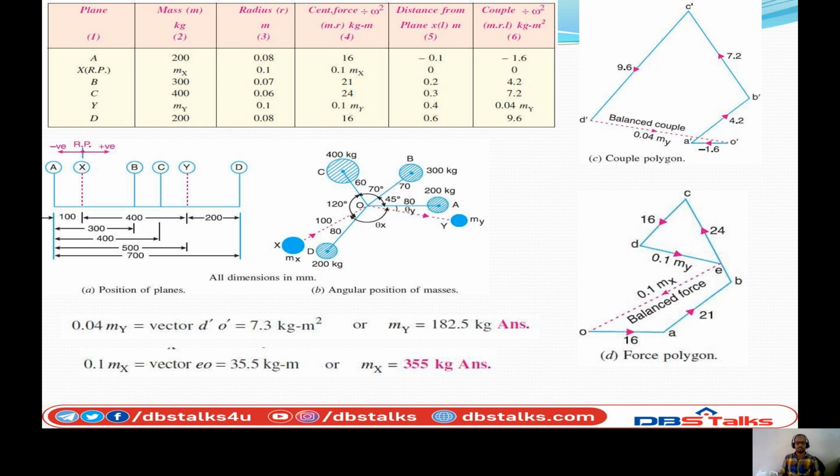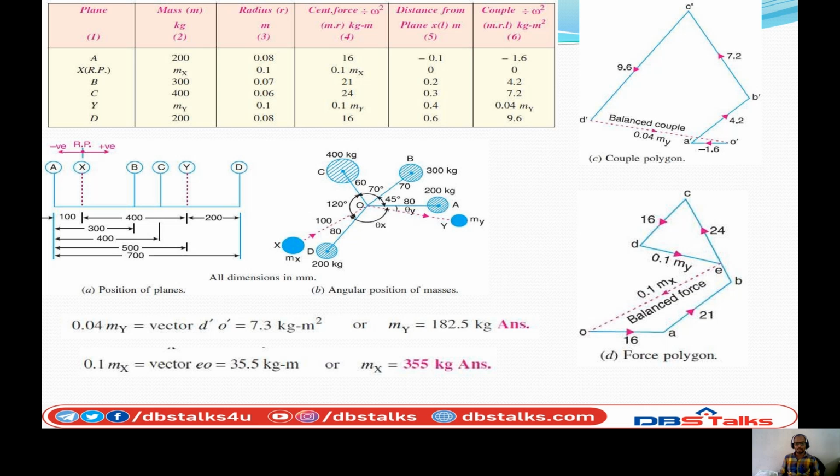The value is 16. After that, DE represents the Y plane. After that, finally we go for the X plane. We keep these things aside, at a distance aside.